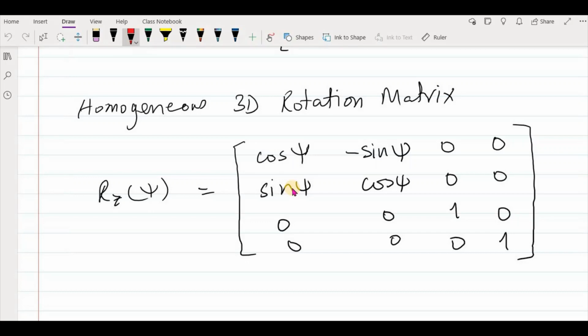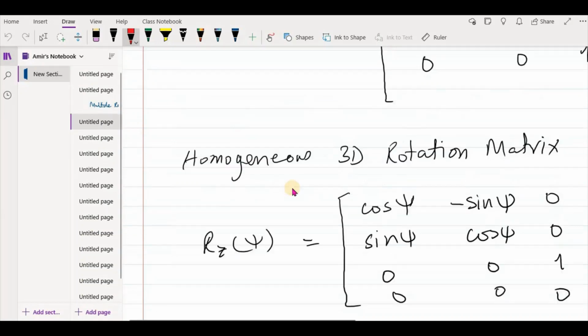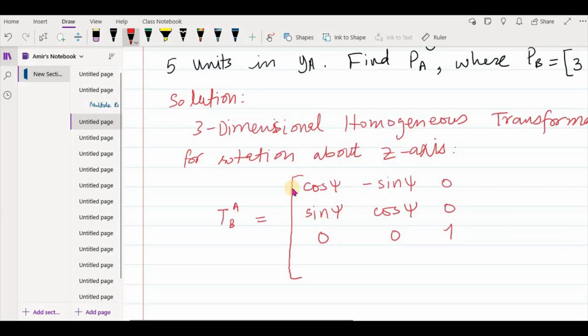So this was rotation, and you see that because this was only a rotation matrix, we don't have x, y, and z values. Translations are all 0. But since we are dealing here with a transformation, which includes rotation plus translation, we also have to include the x and y values here.